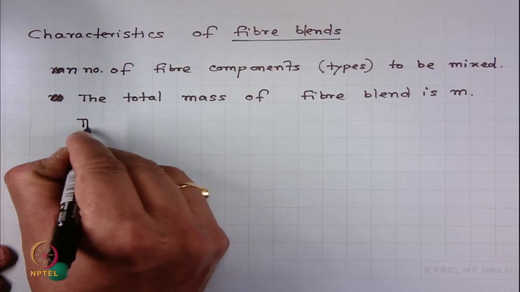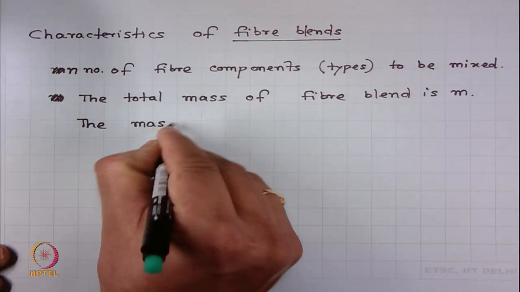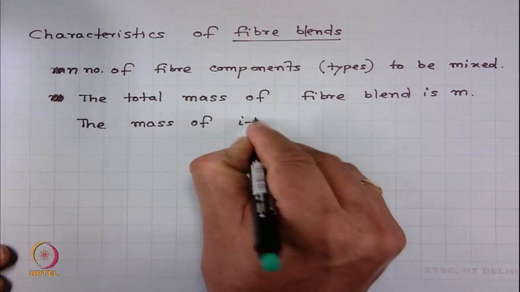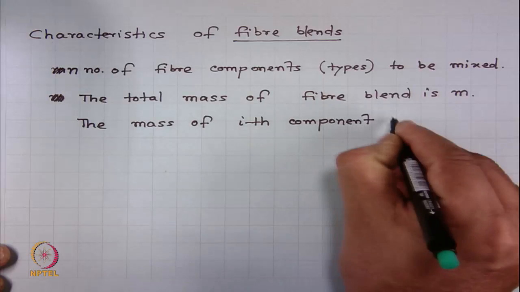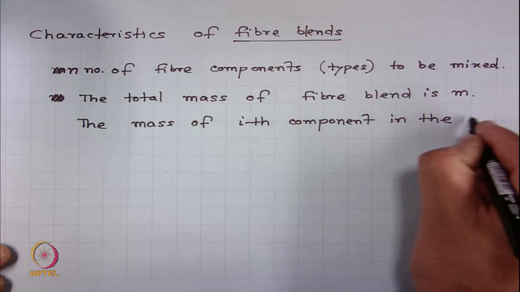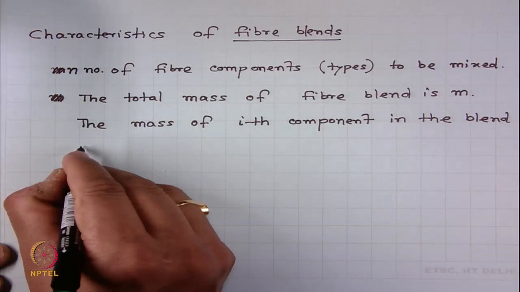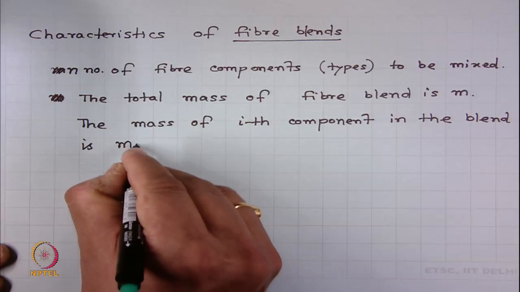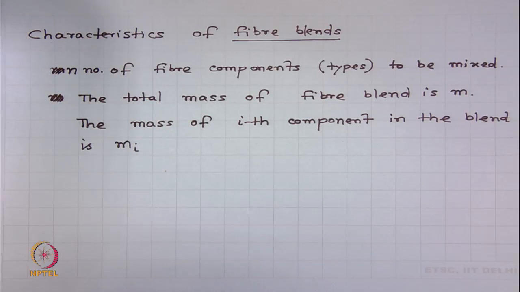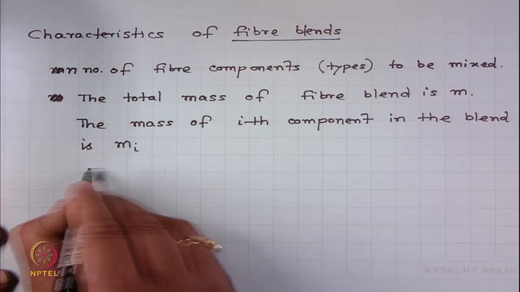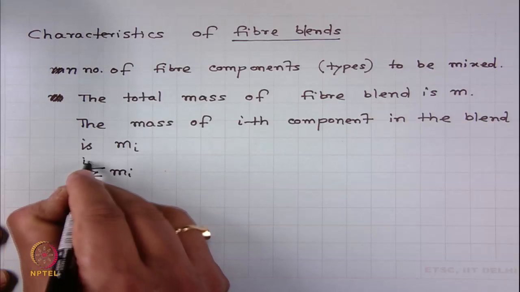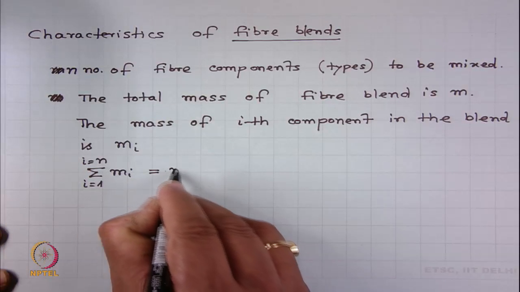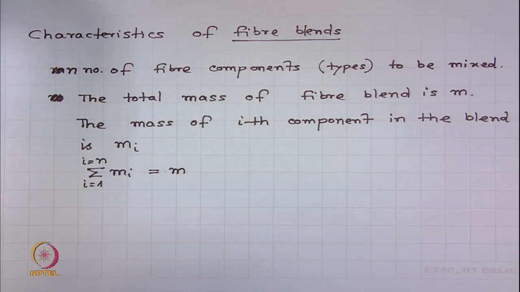The mass of ith component in the blend is m subscript I. It is therefore evident that if we sum all these ith components where I from 1 to n, we will obtain the total mass of the blend m. Right.